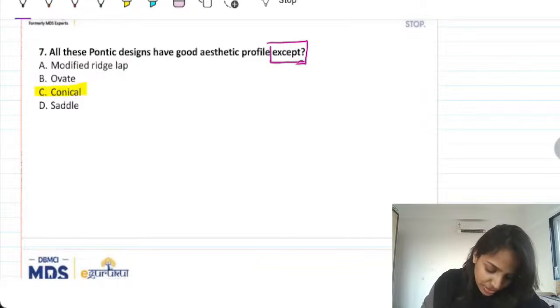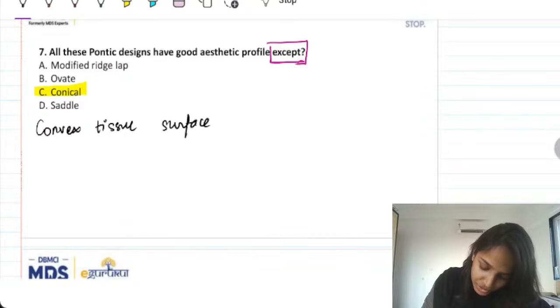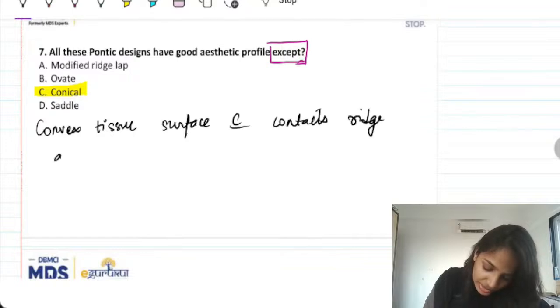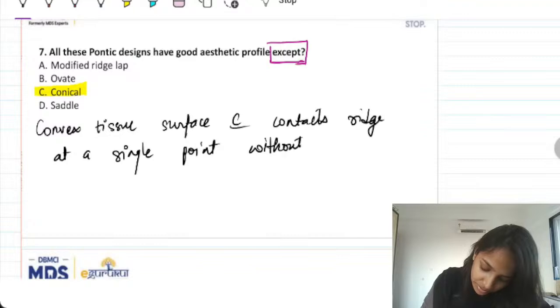Reason being that conical pontic has a convex tissue surface which contacts your ridge at a single point, without any pressure, right?